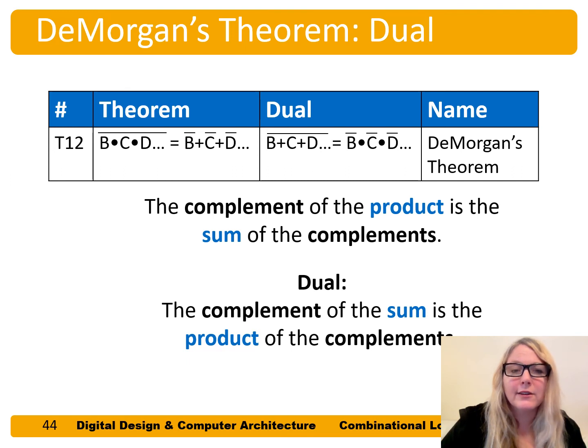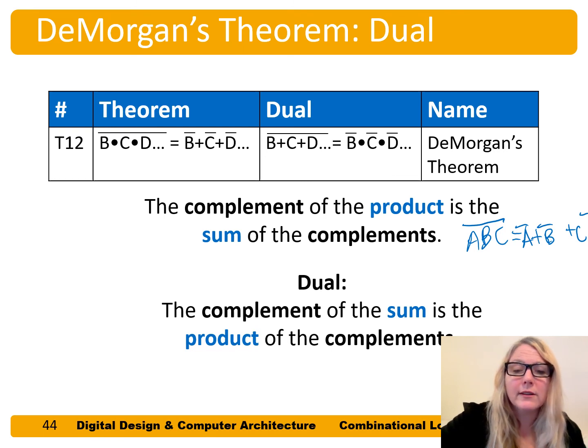We have one last theorem called De Morgan's theorem. It has the theorem and its dual. The theorem is that the complement of the product is the sum of the complements. In other words, if we have some product, the complement of that product is equal to the sum, or the OR, of the complements. So take each of the terms, the OR of the complements.